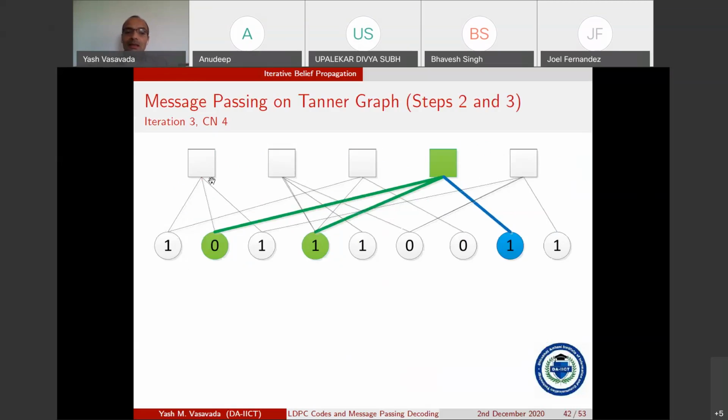The novelty of this algorithm is that each of the check nodes and each of the variable nodes don't have to do too much computation, because their computation will depend on how many bit nodes or variable nodes in one case, or how many check nodes are connected to it.